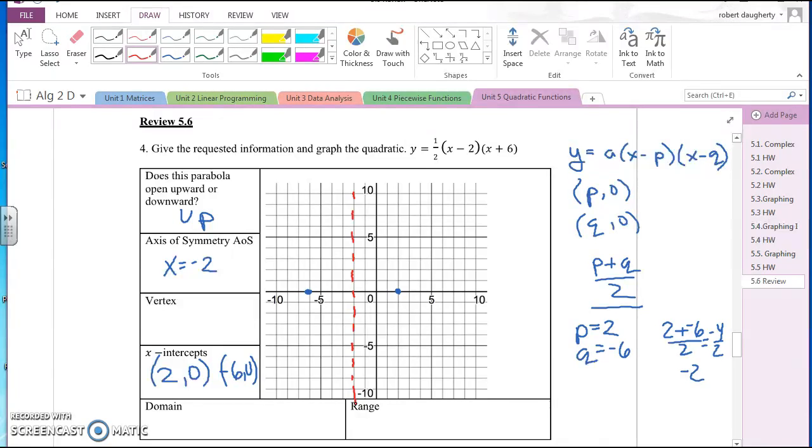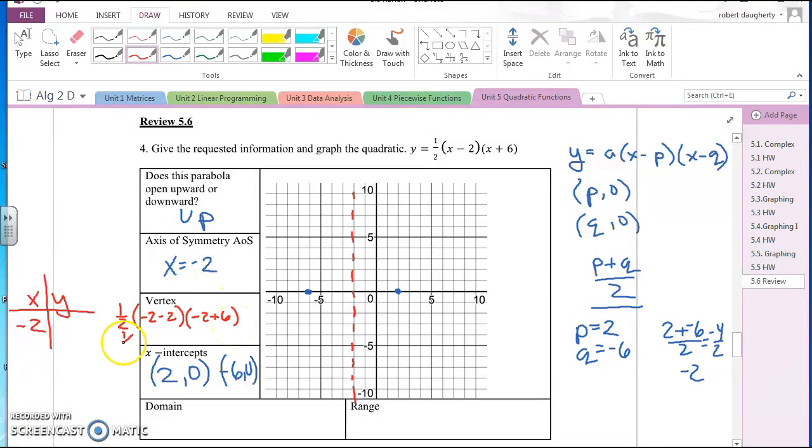Now, my vertex has to lie on this line, okay? And I know it's going to have to be below the axis because it opens upward. So let's find that. I can just plug in negative 2 into that equation. So I need to figure out when x is negative 2, what does y equal? That's going to be 1/2 times negative 2 minus 2, and then negative 2 plus 6.